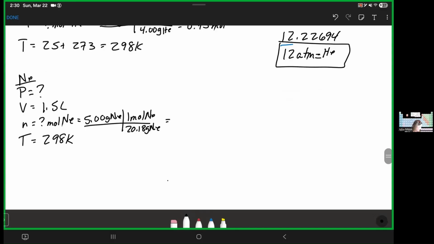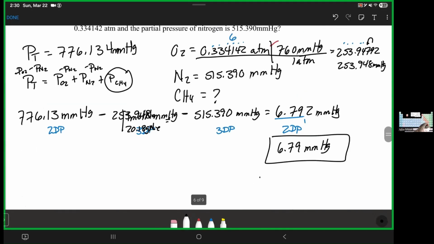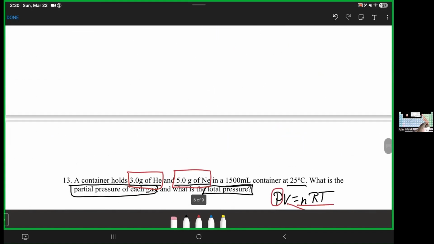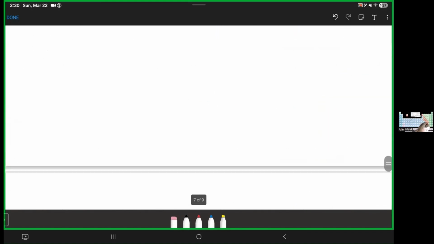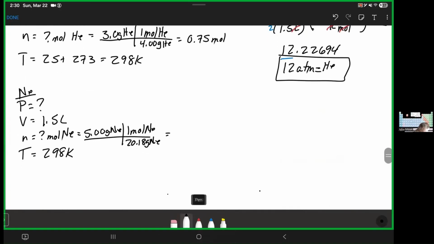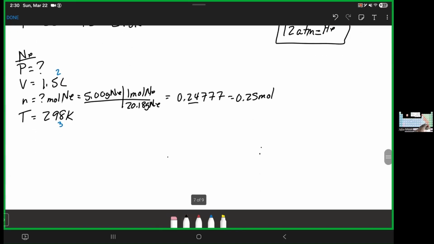Okay, so if I do that math, I get 0.24777 and some other numbers. We're at 2 sig figs here and 3 here, so that's going to be 2. So it's 0.25 moles. So now I can solve this gas law.